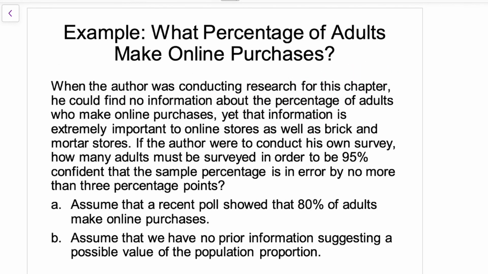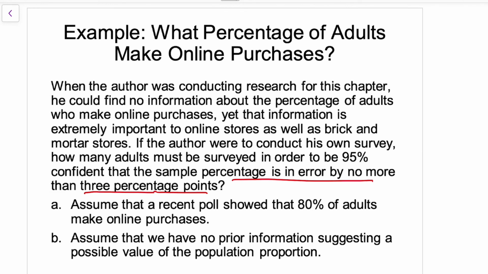Let's look at an example of this. We want to conduct a study of the percentage of adults that make online purchases. And we want to do this so that we are 95% confident that the sample percentage is within an error of no more than 3 percentage points. And we're going to do this two ways.